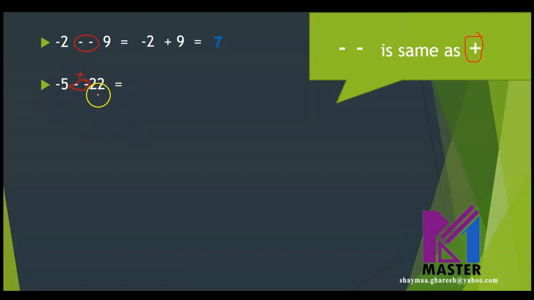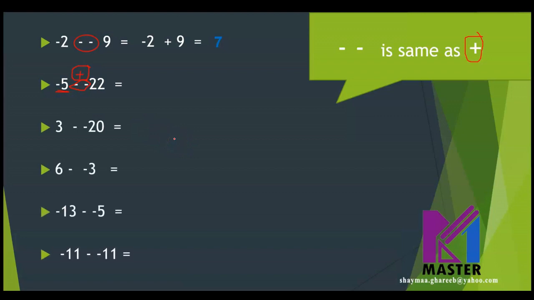So a number that is 22 more than -5, which is number, what do you think? 17. Okay. Next example, I have 3 minus -20. I'm going to change the sign into an addition sign. So I have now 3 plus 20, which is, of course, 23.